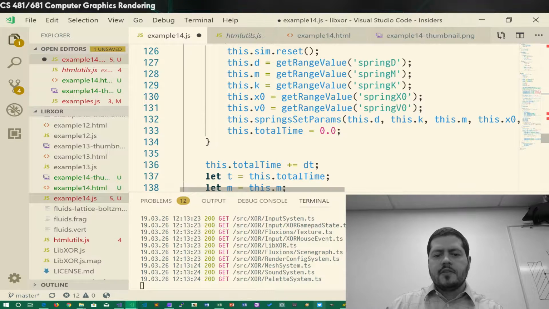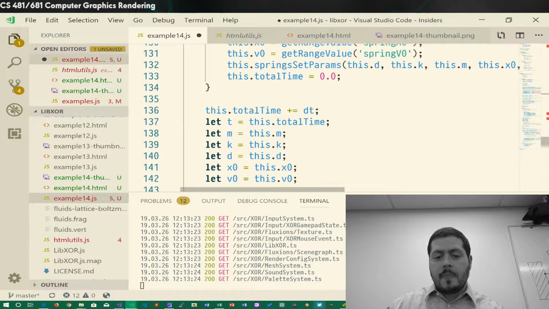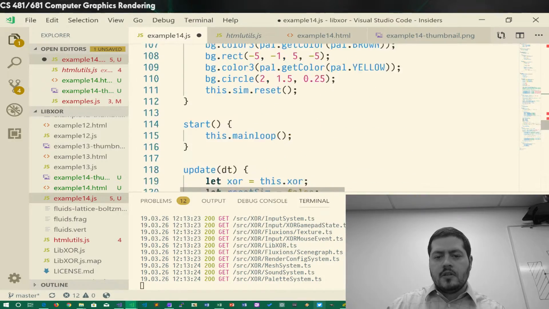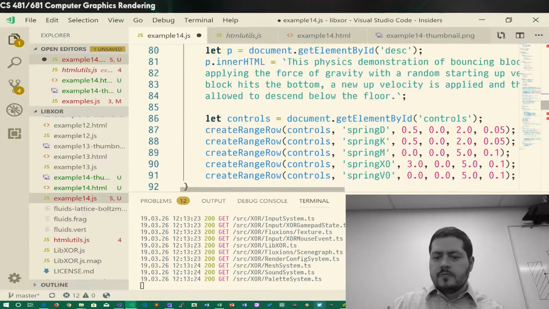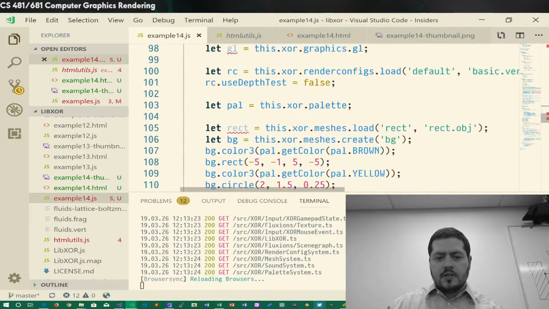Anybody see anything obvious? It just seems like it's not coming through 0. When you set the range to 0, it's 0. So spring K. No, the min value. Yeah. And it looks correct.